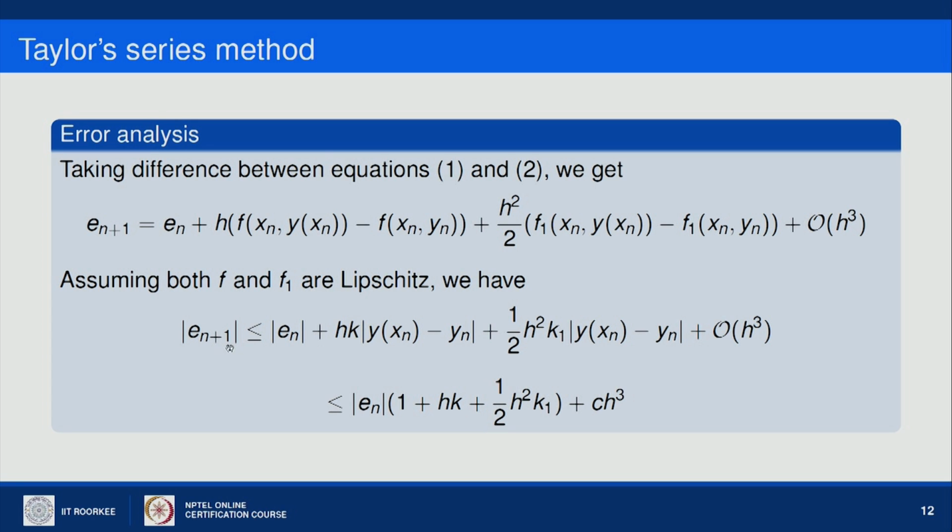That is, E_{n+1} will be less than or equal to E_n plus h times K times y(x_n) minus y_n, where K is the Lipschitz constant for this particular expression, plus half times h square K1, and again this term is basically E_n. So, after simplification I can write E_n times 1 plus h K plus half times h square K1, plus third and higher order terms.